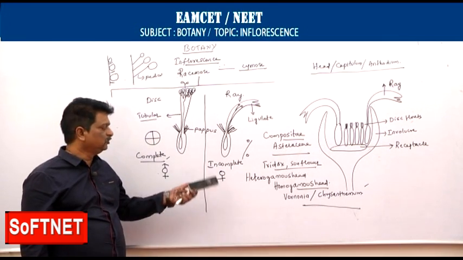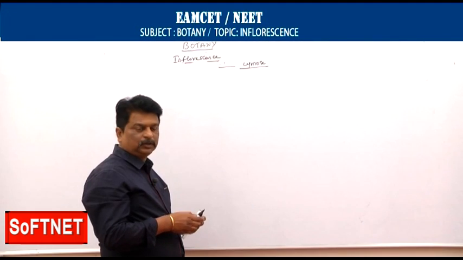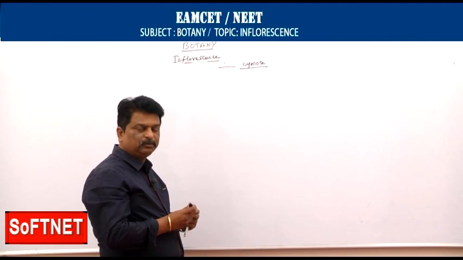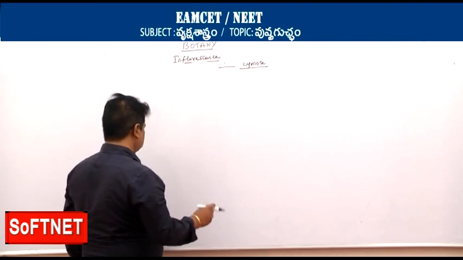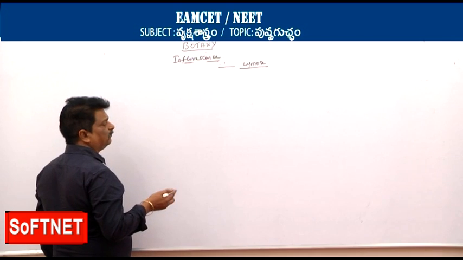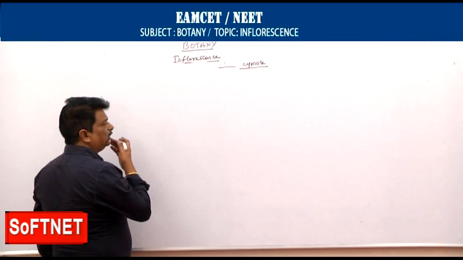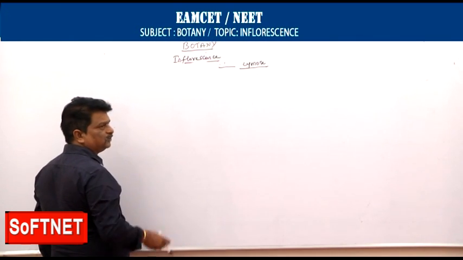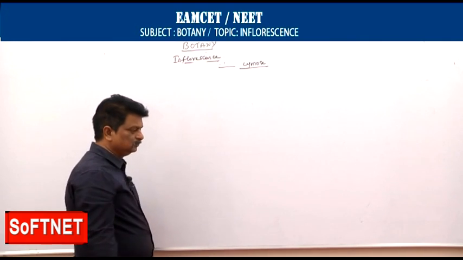So this is about racemose inflorescence. Next, second type is cymose inflorescence. In cymose, peduncle shows definite growth in which apical bud ends with a permanent structure like a flower.